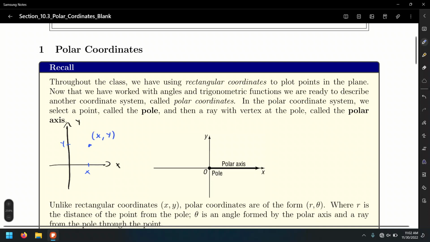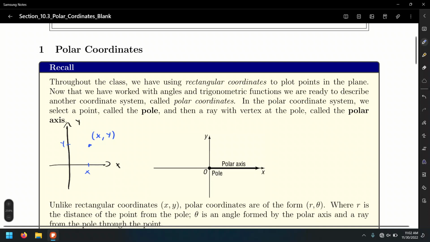However, in the polar system, we are not going to graph a rectangular motion or rectangular displacement like we do in the rectangular system. What we're going to do in this case is plot points in terms of radius and angle.